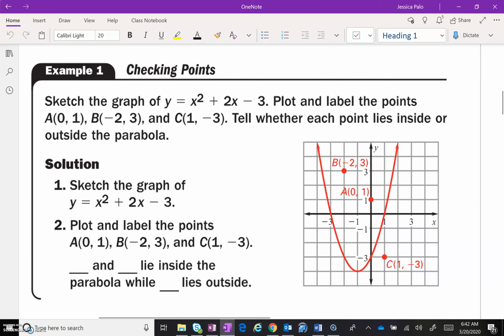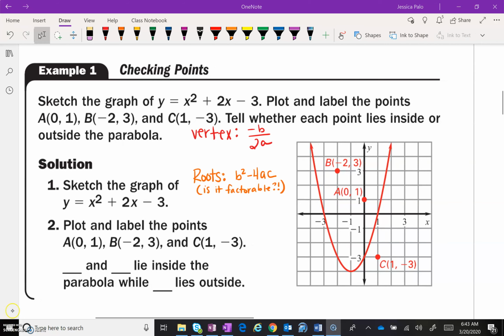The first thing they want us to do is sketch the graph. I realize the parabola is already drawn for us, but let's actually make sure we remember how to sketch the graph of these parabolas. The first thing you need to sketch the graph of this parabola would be the vertex.